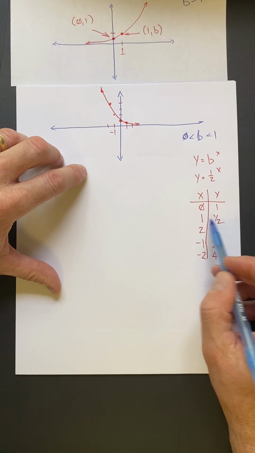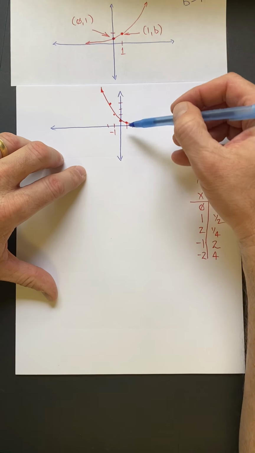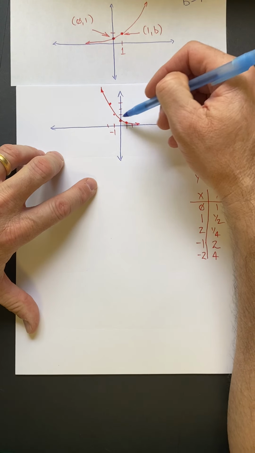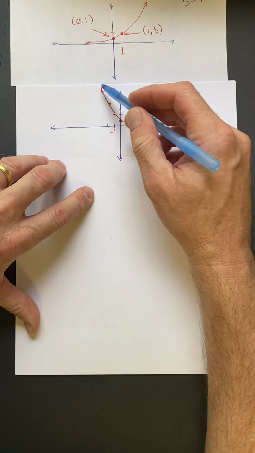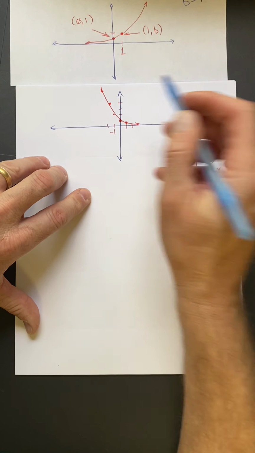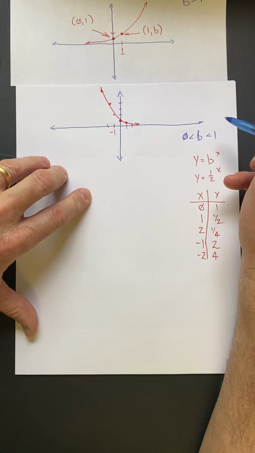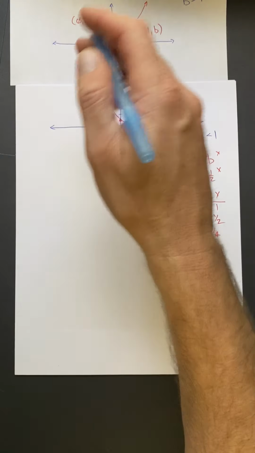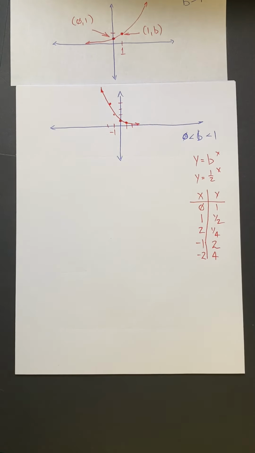It's constantly getting steeper as it's moving away from the x-axis here. On the opposite side of the y-axis, it's still approaching the x-axis as an asymptote, but it's just reversed from my b greater than 1.